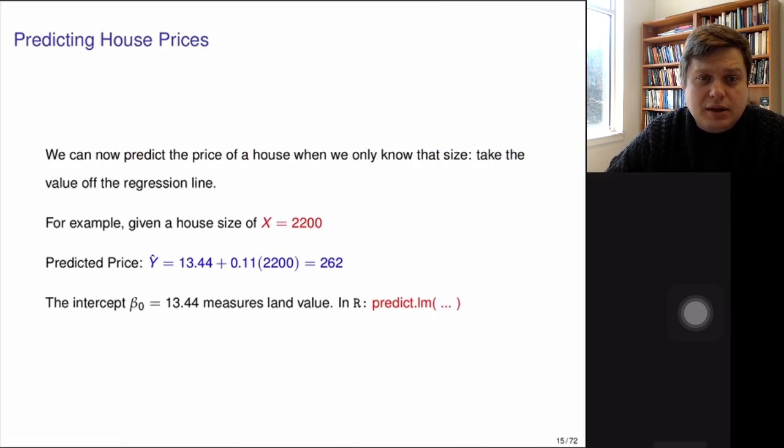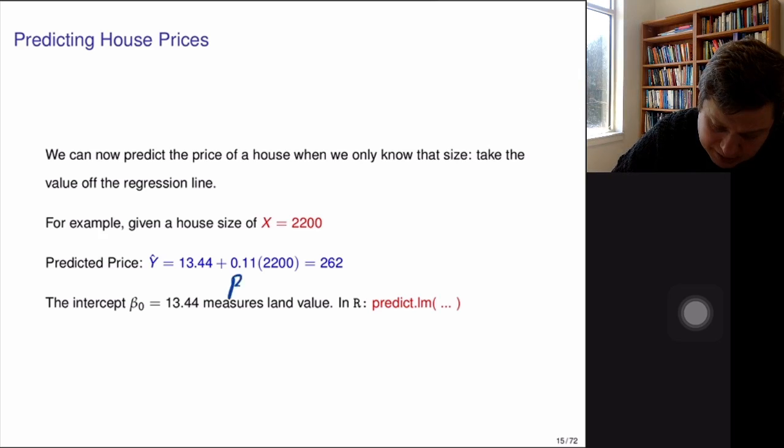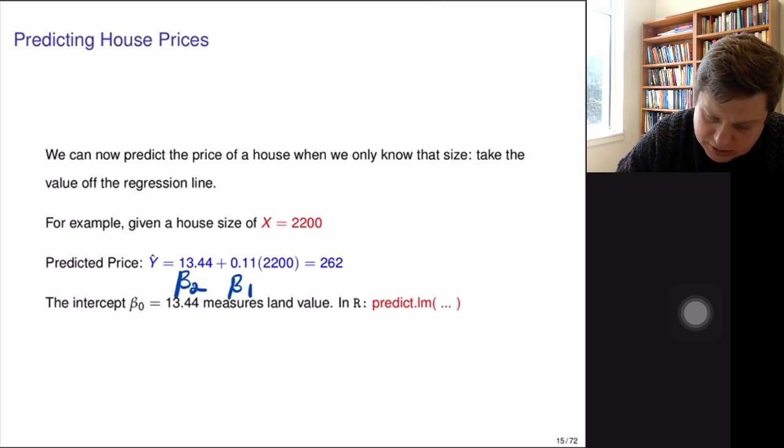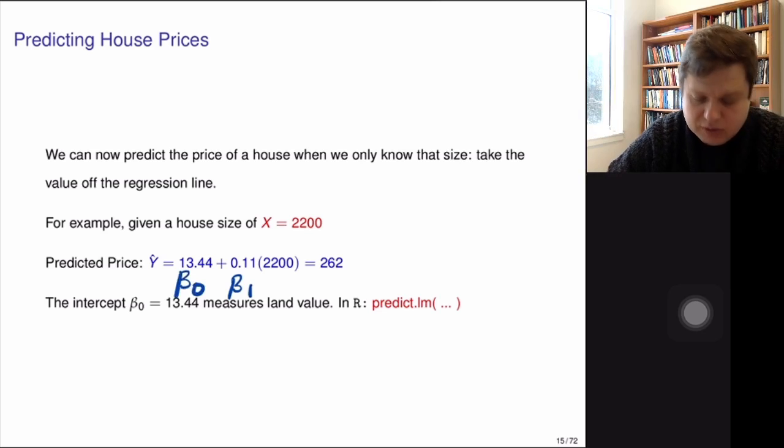All right, now let's look at the prediction. We estimated that beta 1 was 0.11, and beta 0 is 13.44. Now we can do the prediction.